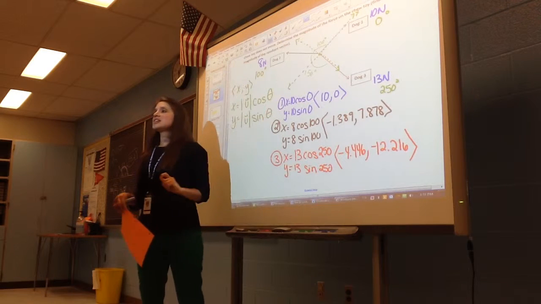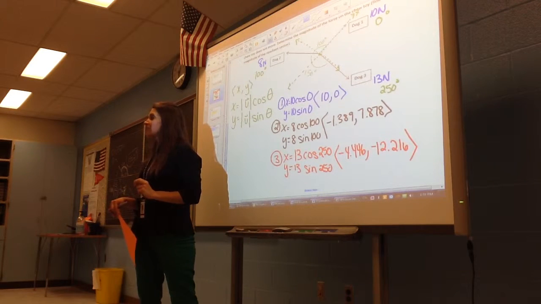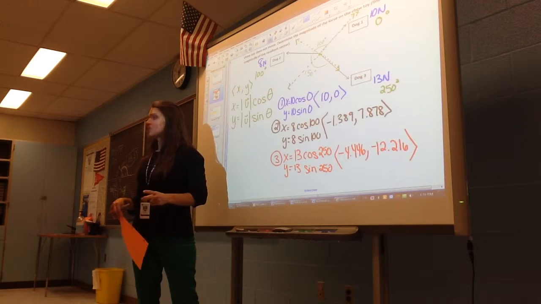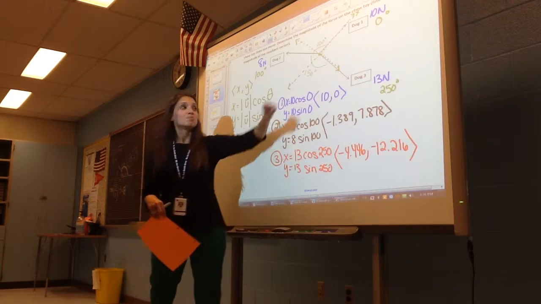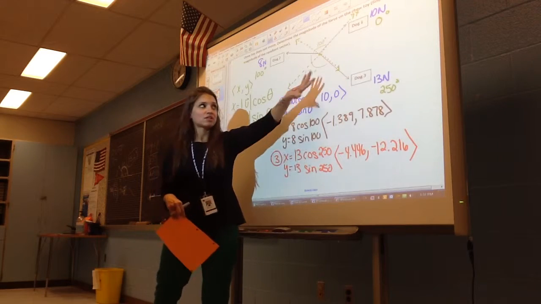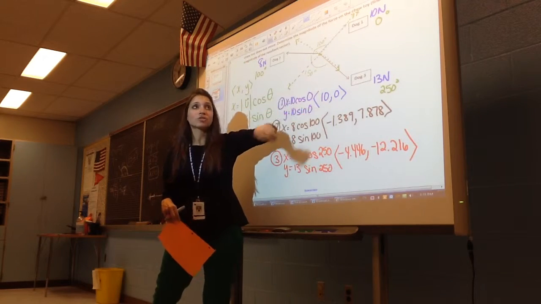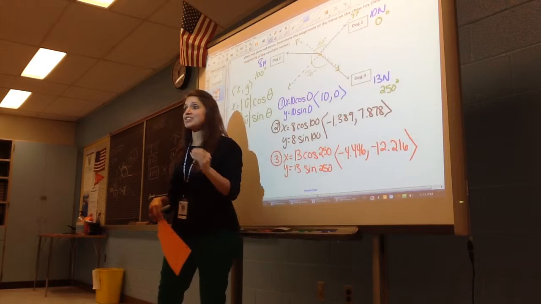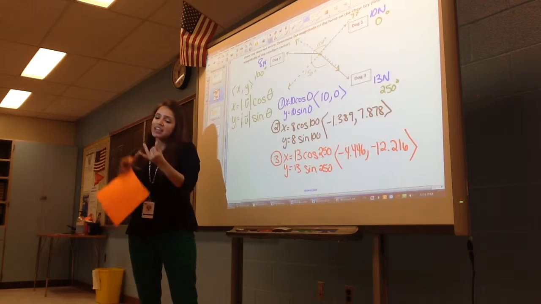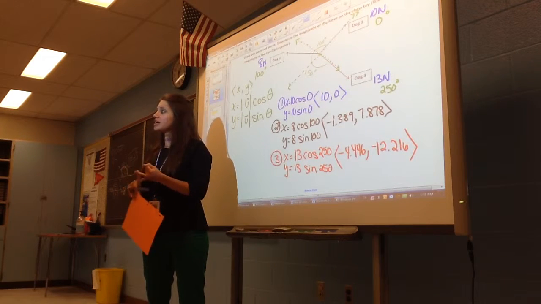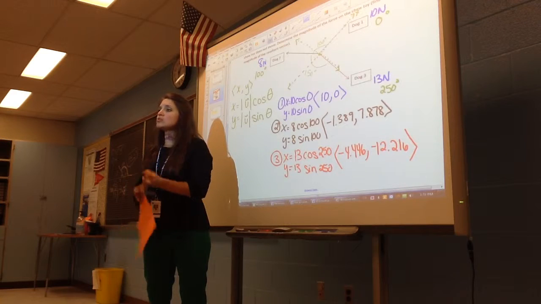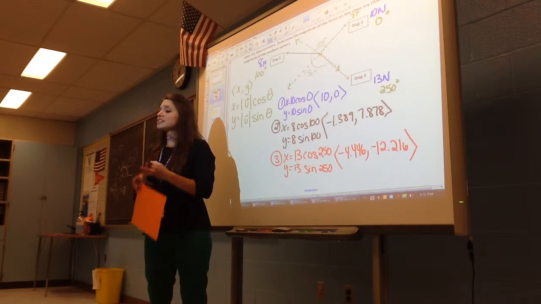Dog 2 is in quadrant 2. Any vector in quadrant 2 has an x value that's negative. Dog 3 is in quadrant 3, although it doesn't really look like it. It's 250 degrees. That's quadrant 3, which means the x and the y value are negative. Don't lose points because of negatives.